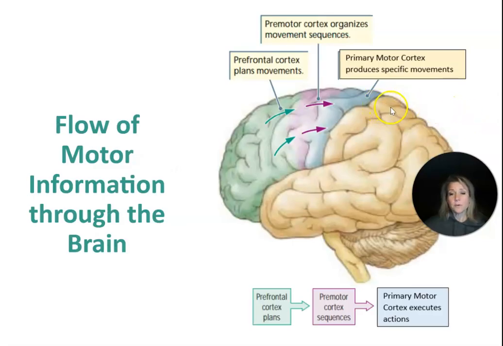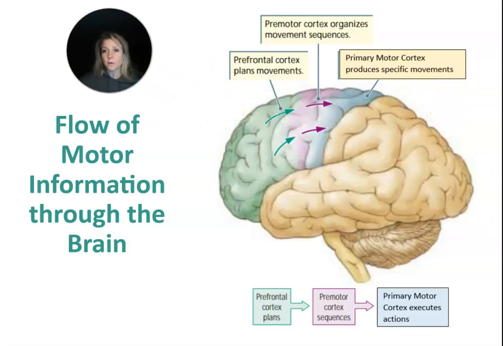So the flow of motor information through the brain is a little bit different than the flow of sensory information from the brain. The prefrontal cortex is going to plan, and then information moves on to the premotor cortex and then to the primary motor cortex.